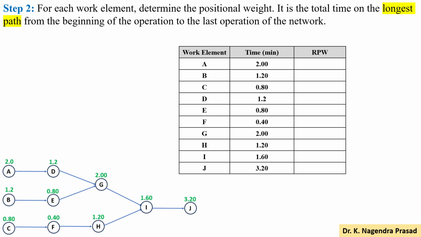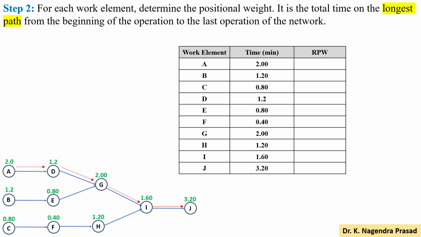For the A, it will reach the last element by this path only. There is only one path available. If there is more than one path, I have to choose the longest path. But here there is only one path. So the longest path is ADGIJ.